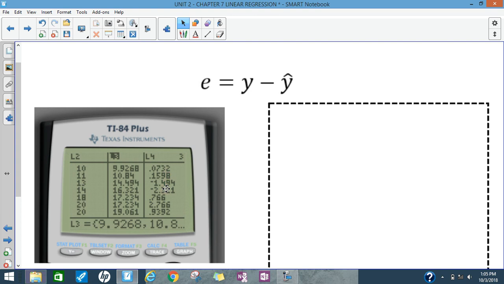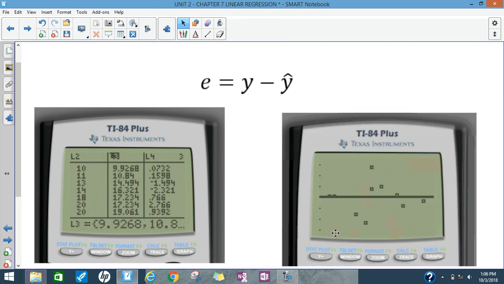And so sometimes we want to know, hey, is our line good enough? How well is it fitting the data? You know, how much should I believe in this prediction line, this regression line? And so one thing we could do is we could take this list of residuals and create a scatter plot using the original explanatory variable measures, so L1 that you can't see over here, the number of workers, against the residuals.